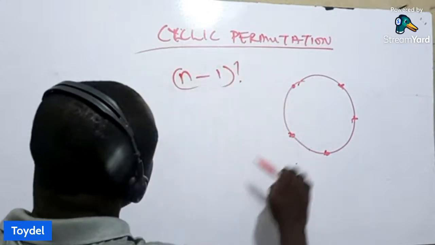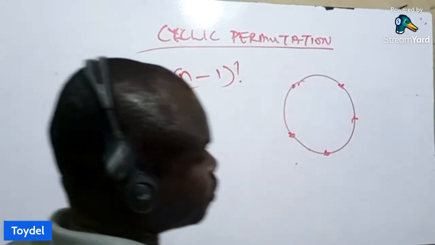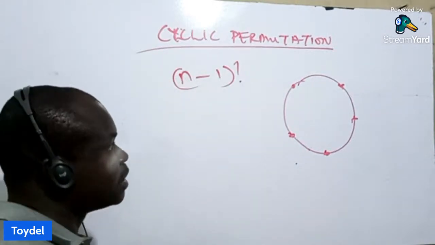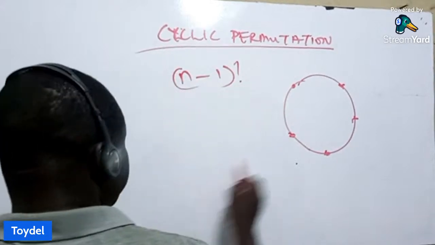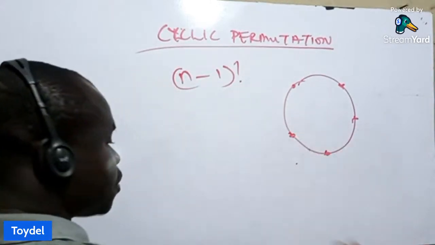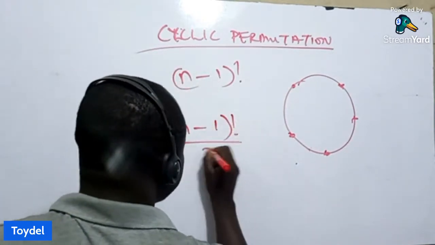If that circular arrangement involves human beings, of course, in the case of humans, we can't consider it the other way around. Then it's going to be n minus 1 factorial. But if it's just a non-living thing, something we can toy with, then the arrangement will be n minus 1 factorial divided by 2.